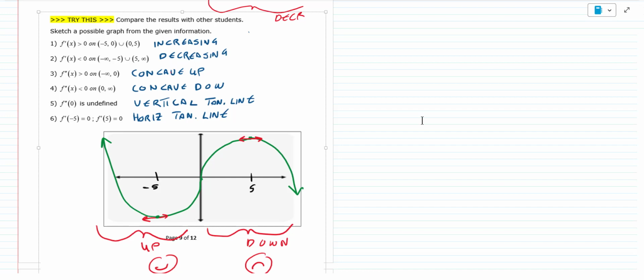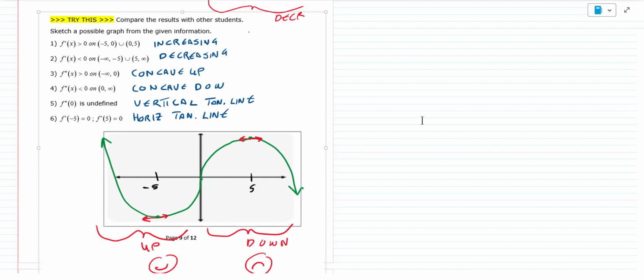Decreasing, because it's saying the first derivative is less than 0. That means the first derivative is negative, so you're decreasing. The second derivative always tells you about concavity. Concave up, concave down. Okay, so if the second derivative is positive, you're happy, so it's concave up, then concave down.